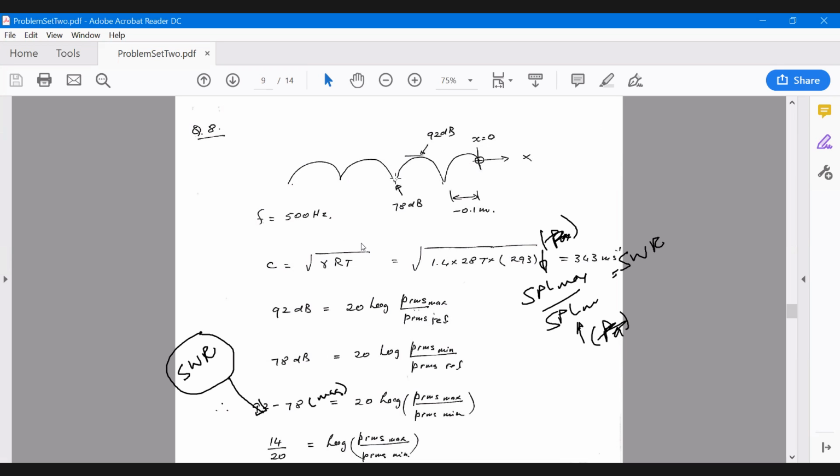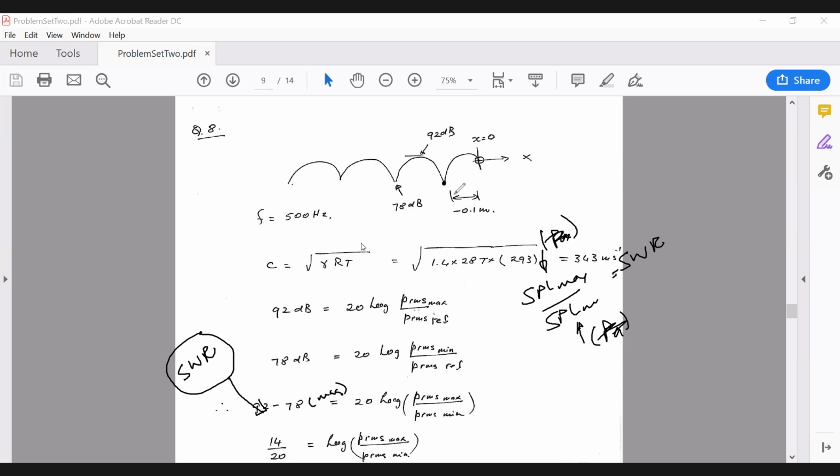Now, the question also requires you to find out, they say that the first minimum is at this point. They want you to find out where is the second minimum. If you look at the lecture notes, the separation between this must equal lambda on 2, which means that you need to find the wavelength.